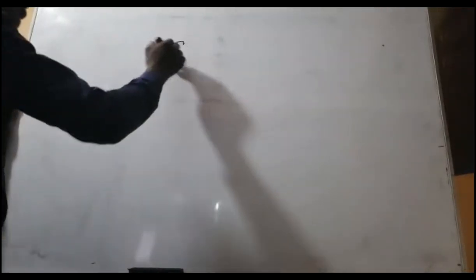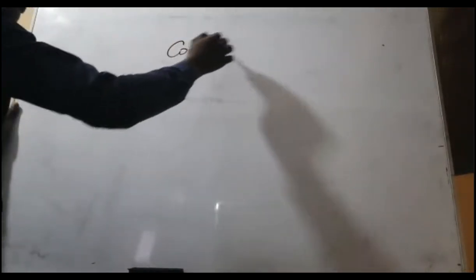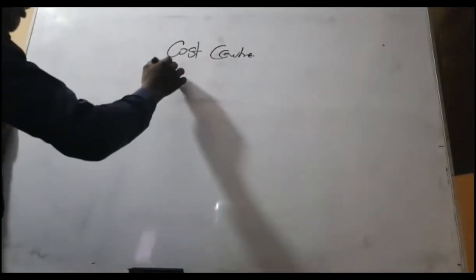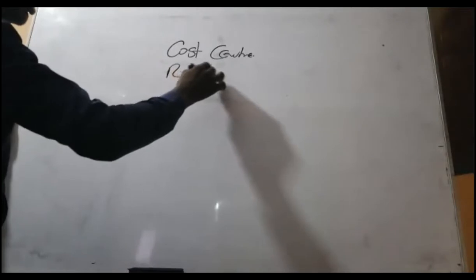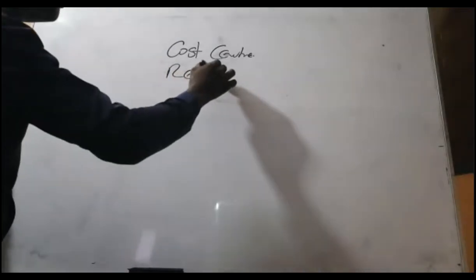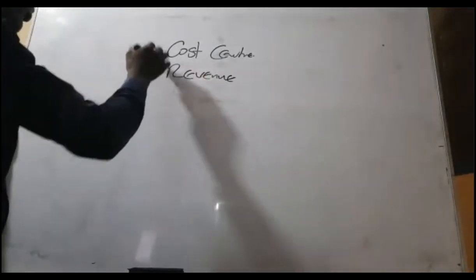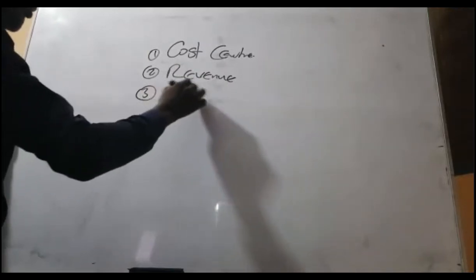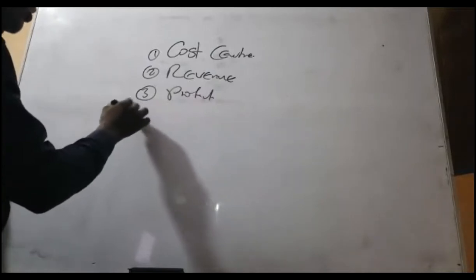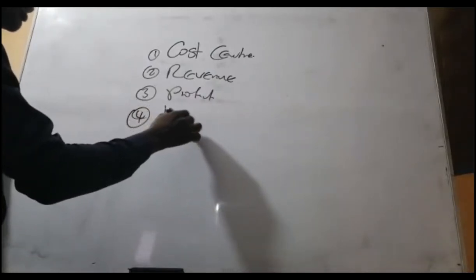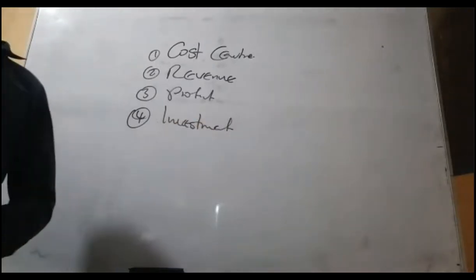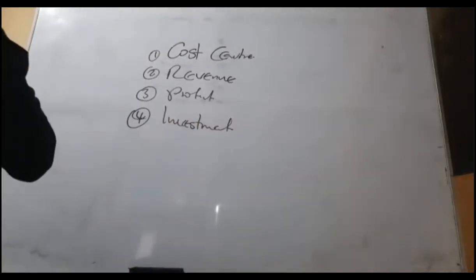That is the cost center. So we have the cost center, the revenue center, the profit center, and we have what? The investment center. So these are the responsibility centers that we have.